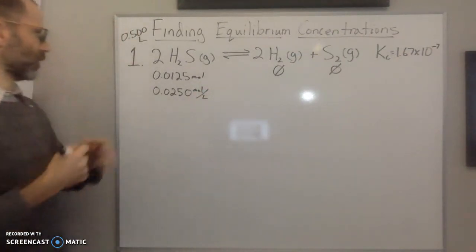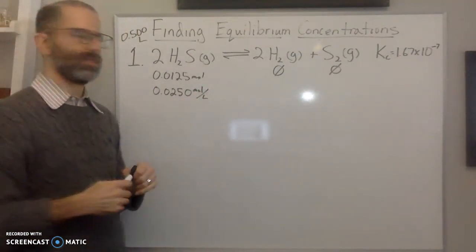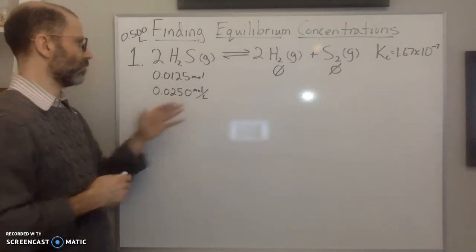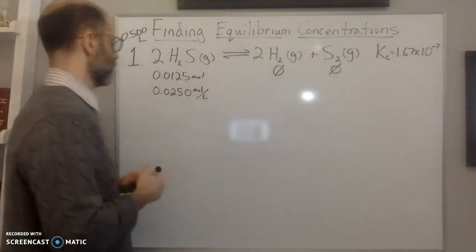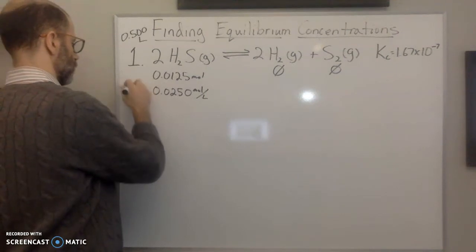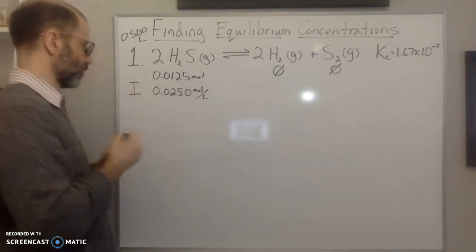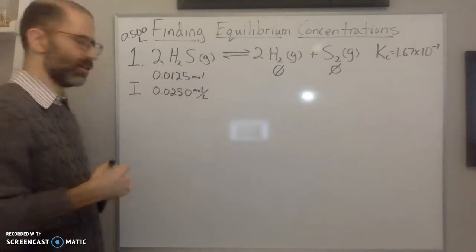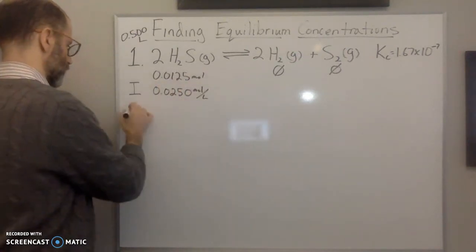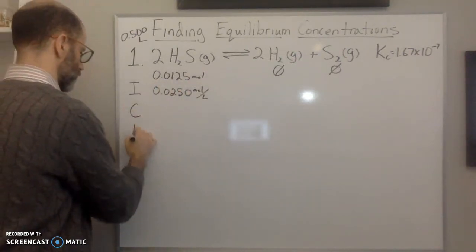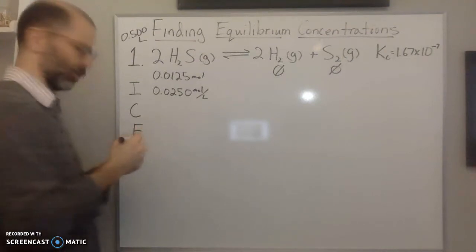So there's our concentration that we begin with, and the products are 0 concentration. These are our initial concentrations, so we're going to do our ICE chart. There are our initial concentrations, we're going to figure out the change, and then we have to figure out the equilibrium.